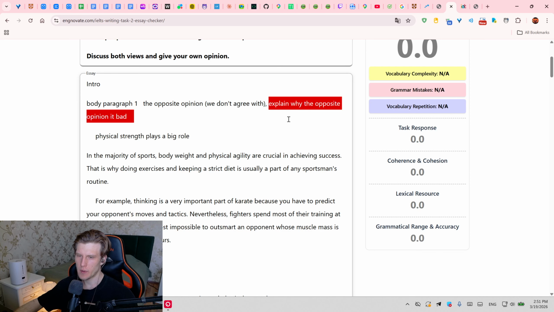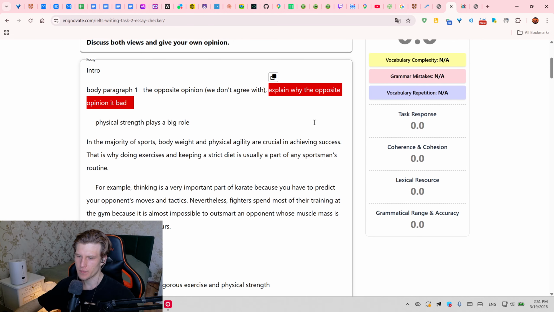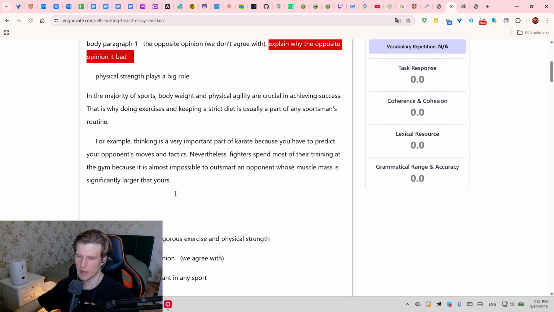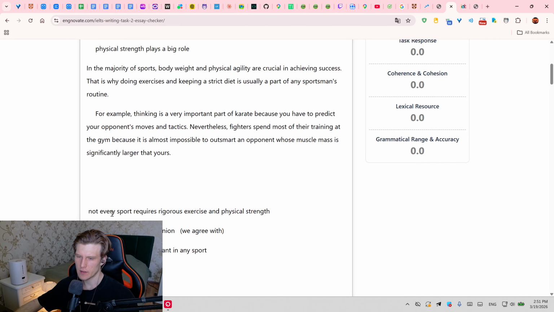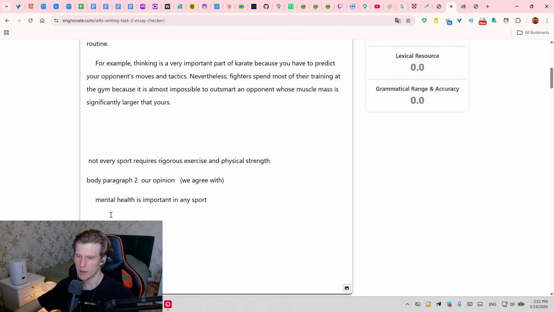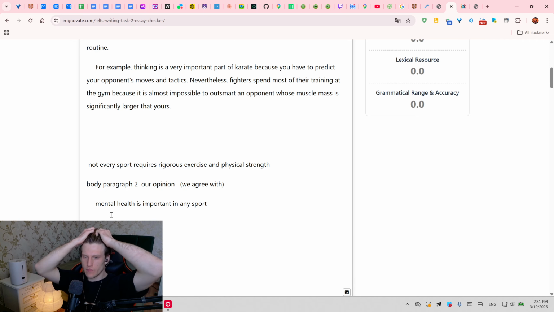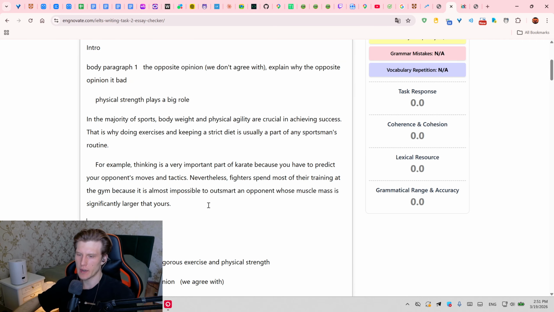I need to explain why the opposite opinion is bad. This is a very important part here. Probably I'll do it after I've developed my second body paragraph with my opinion. Okay, no, I'll develop it now.